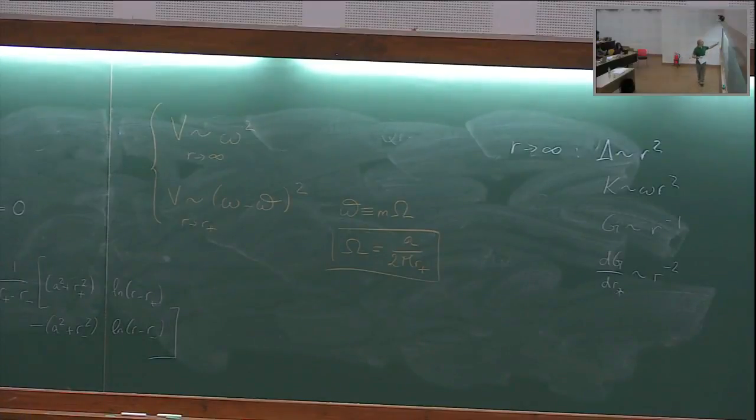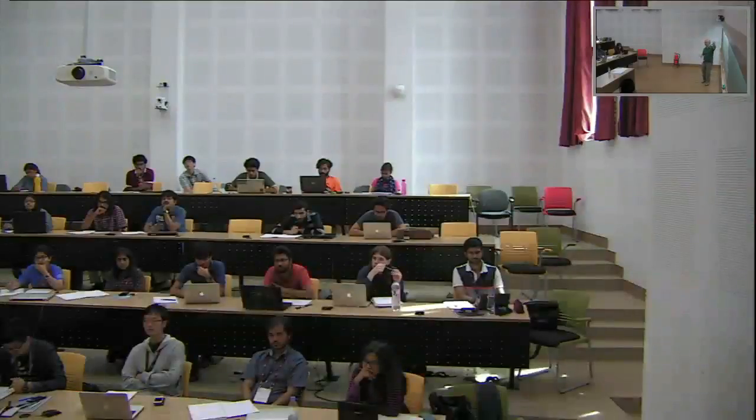K goes like omega r squared, so this guy will go like r to the 4th. And when I divide by r squared, this also goes like r to the 4th. This guy is subdominant because it's r squared over r to the 4th, so I can neglect it. But this guy will go like omega squared in the end, which is my statement. Okay? So this is proved.